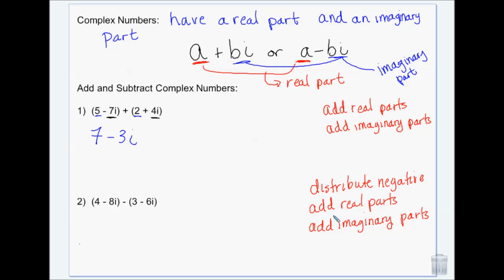Okay, so if I distribute this negative, what that does is it just changes my signs. So I have 4 minus 8i, and then I have minus 3 plus 6i. Right, because that was positive, this was negative, so all it does is change the sign. So then I have 4 minus 3, so that's 1. Negative 8 plus 6, that's negative 2. So 1 minus 2i.